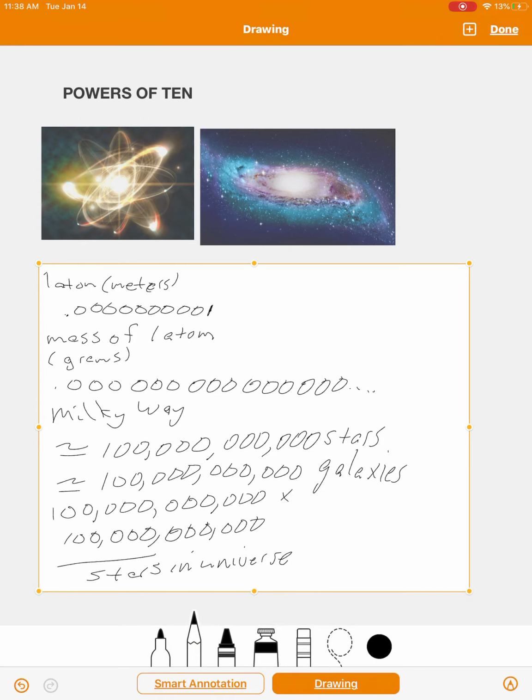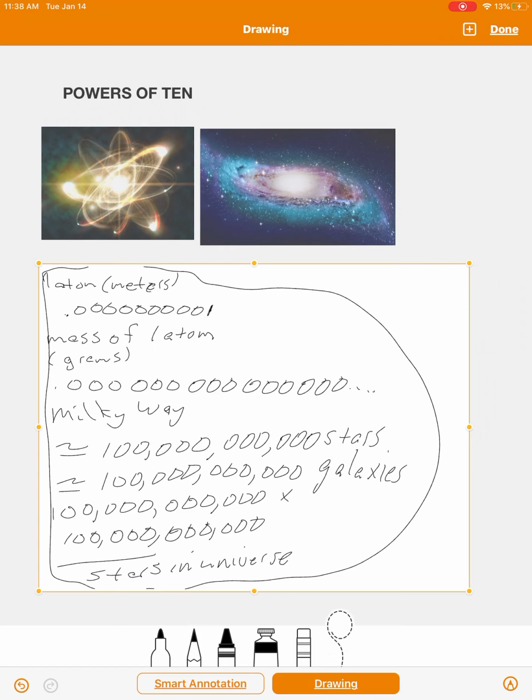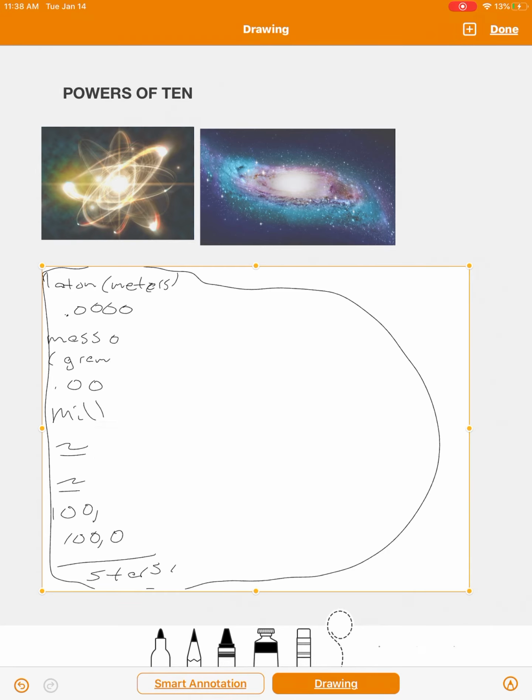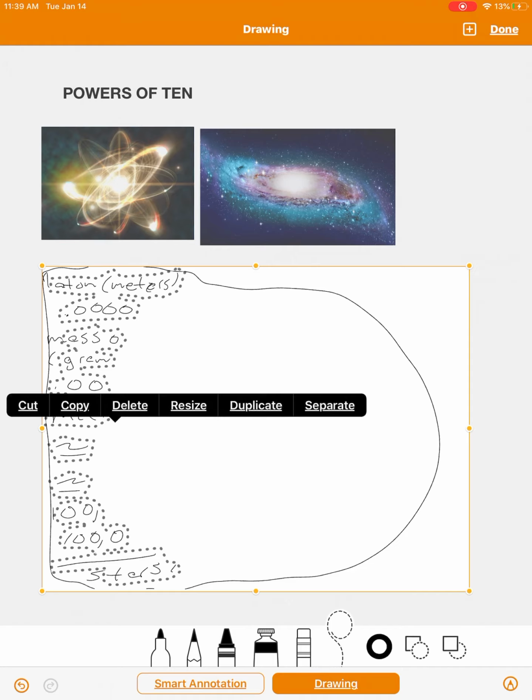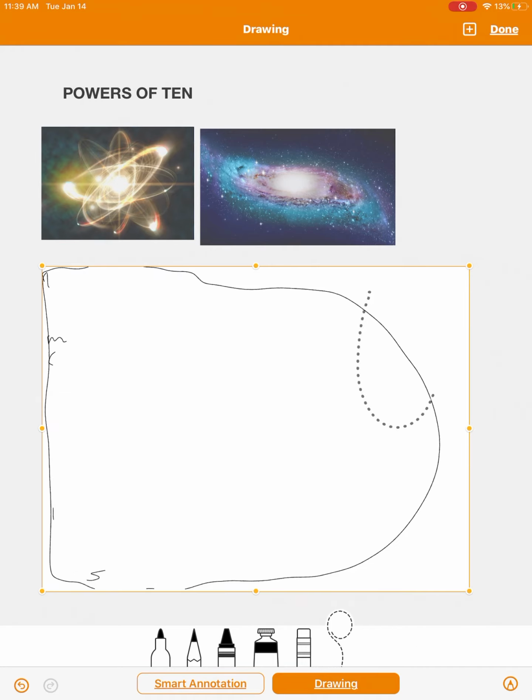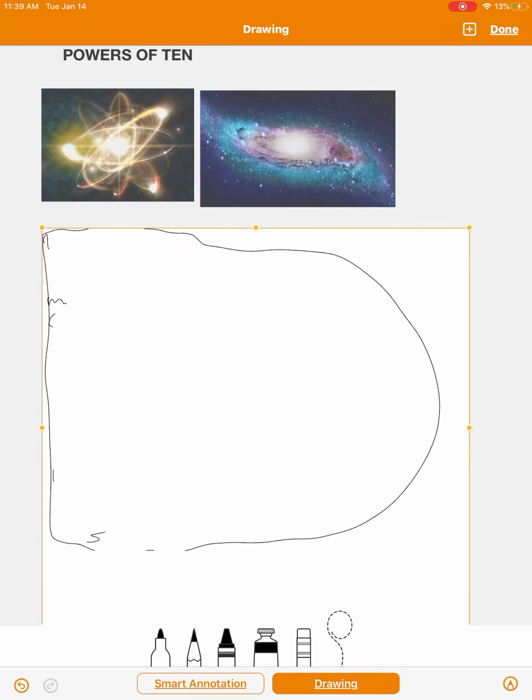So what I'm going to do is get rid of this discussion of stars and atoms, and we'll come back to atoms at least later. Let's go ahead and eliminate all of this, and take a look at how we deal with powers of 10 using exponential notation.